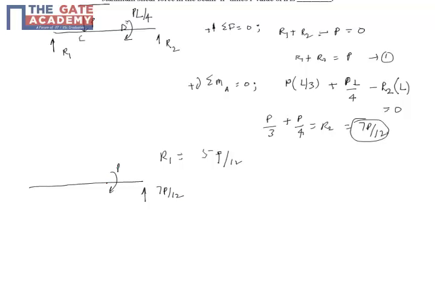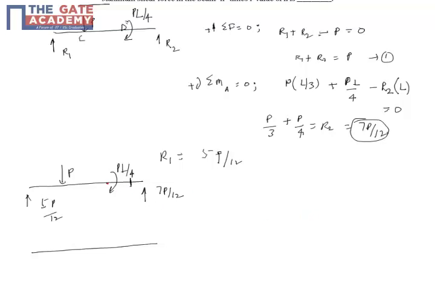This is PL by 4. Here you have P, and on the left side R1 is 5P by 12. Now if I take the SFD, starting from the right hand side, let's say I take a section here and see the right side of the body only.